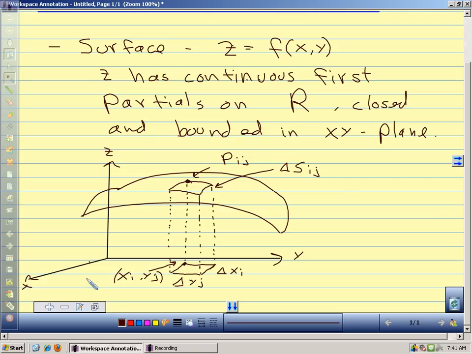But based on what we've done with arc length and surface area so far, and I know Scott mentioned it already, what form are you going to expect our surface area to take? What kind of expressions are going to be involved? Radicals. And what else?